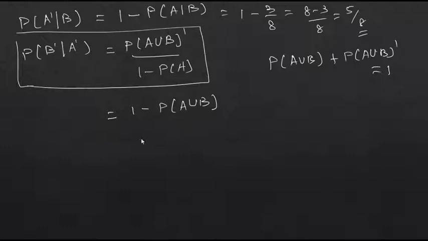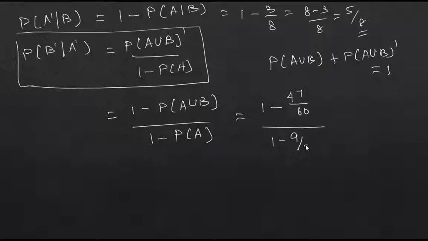So it is divided by 1 minus probability of A. Now just substitute. 1 minus the probability of A union B, that is 47 by 60, divided by 1 minus 9 by 20.